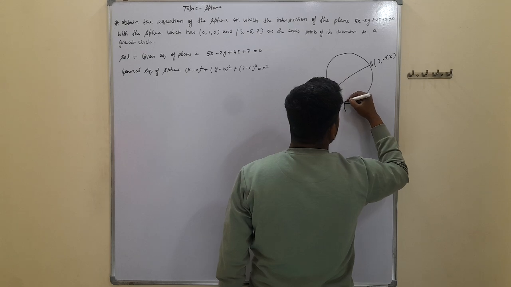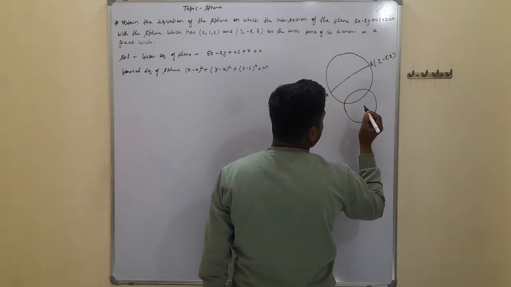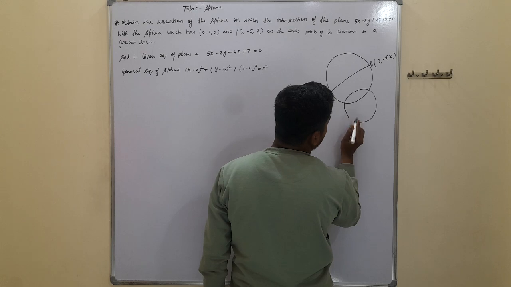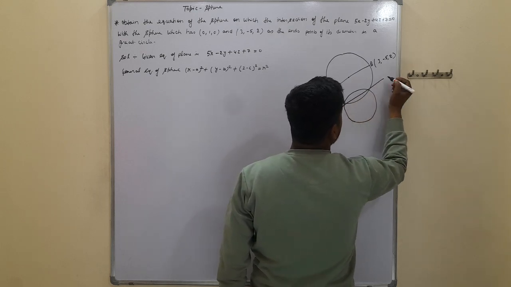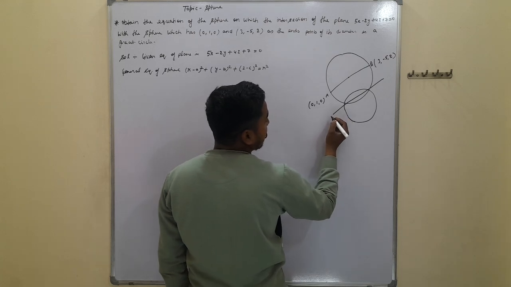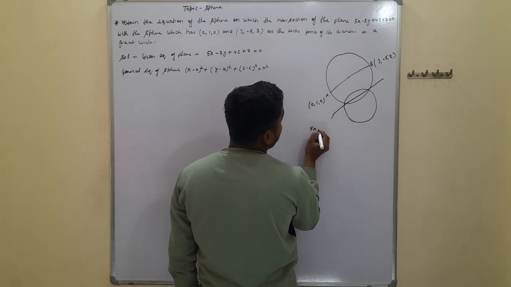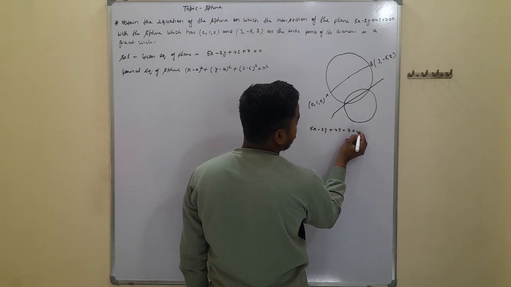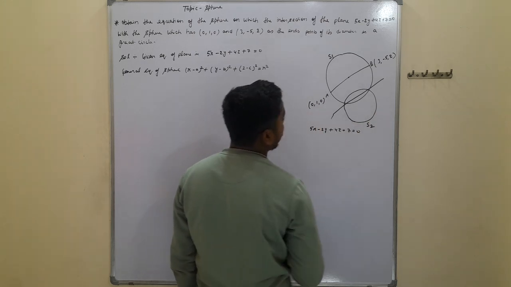This is another circle, and the plane equation is 5x minus 2y plus 4z plus 7 is equal to 0. This is the sphere S1 and this is the sphere S2.